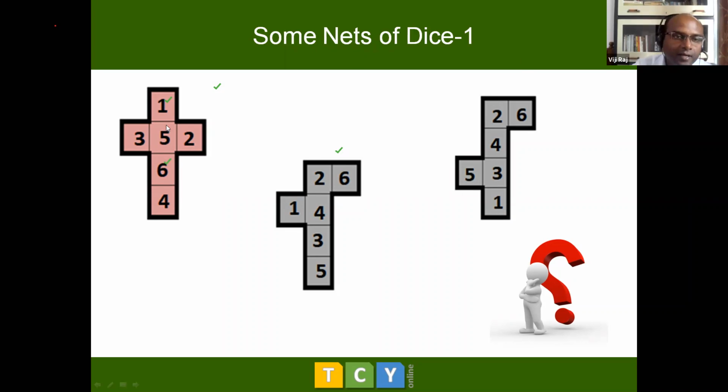Similarly, if we need to find the opposite face to 5, we need to skip one box, 6, and reach the next one, that is 4. You understood now, Kirat?